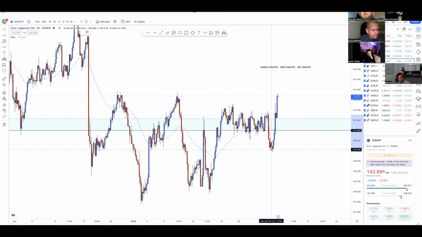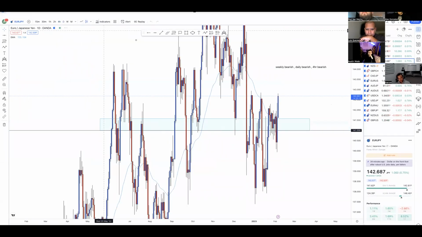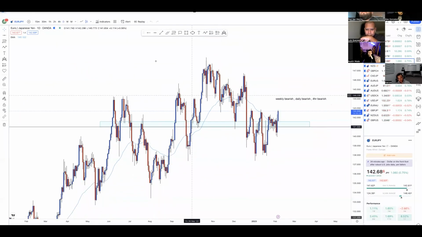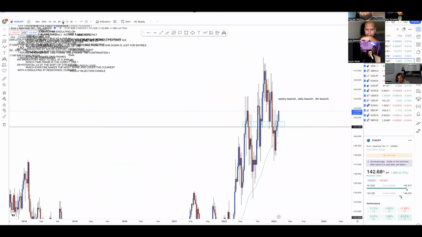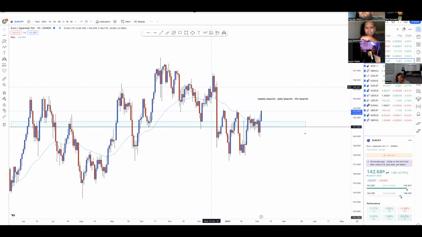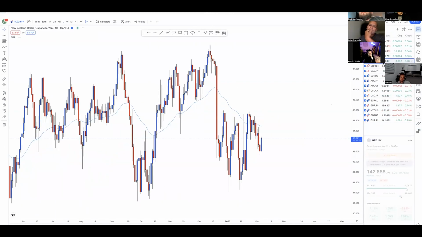Once you get the break, then you need the pullback, and once you get the pullback, we need to shift the structure to take the sell down. If that never happened, never take the trade. That's why you've got to stick to your trading plan, stick to your rules. As of right now, if we were to react and adapt, we can maybe look for longs, but I'm good. Looks a little choppy. Just throw it to the bottom.